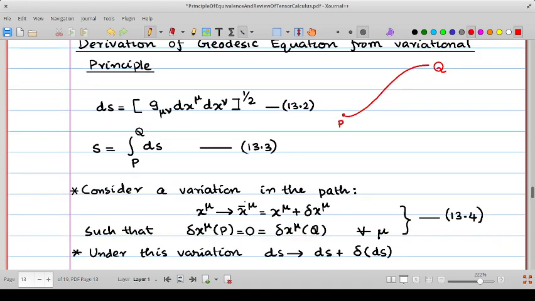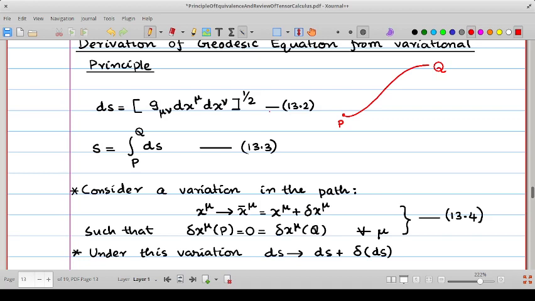So now we have to find a path connecting point P to point Q for which the interval is an extremum. And if we consider infinitesimal variations about this particular path for which this interval is an extremum, then up to first order, the change in the interval will be 0.